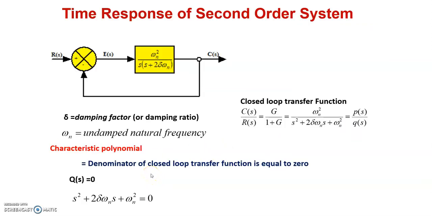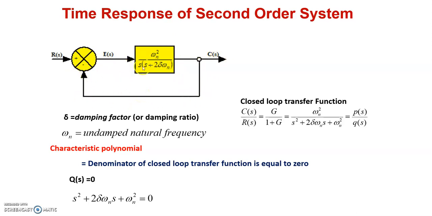Next is the time response of the second order system. The standard second order system looks like this. This is the block diagram for the standard second order system. Here R of s is the input signal, this one is the error signal E of s, and then the standard second order system is omega n square divided by s into s plus 2 zeta omega n, with unity feedback.